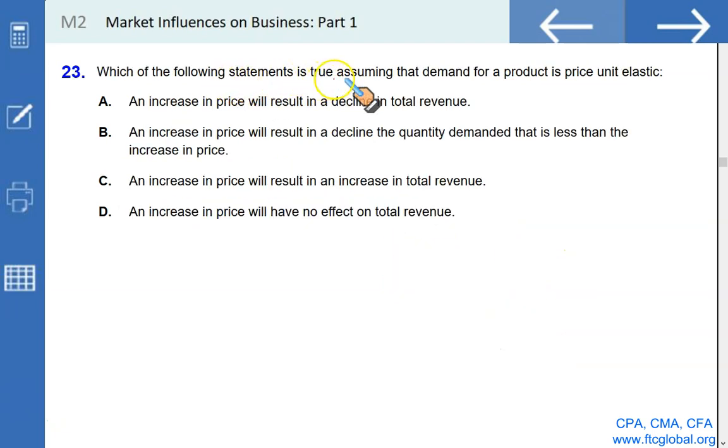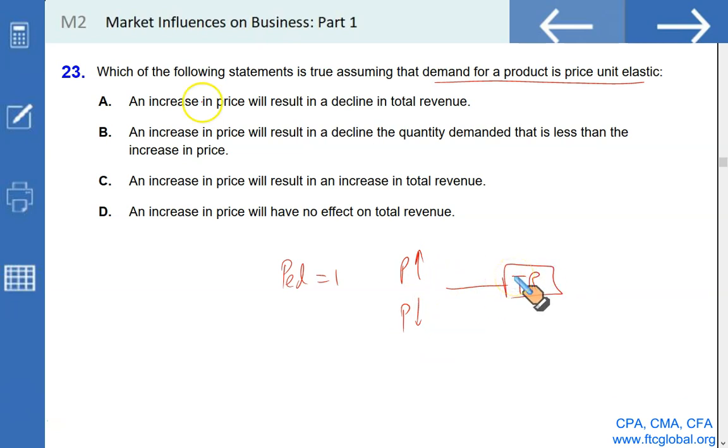Which of the following statements is true, assuming that the demand for a product is price unit elastic? When the price elasticity of demand is 1, in that case, if the price is increased or decreased, the total revenue stays the same. You need to remember that. So an increase in price will result in decline in total revenue.